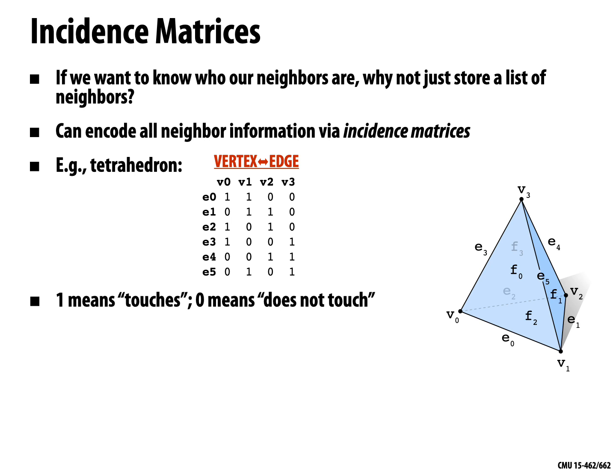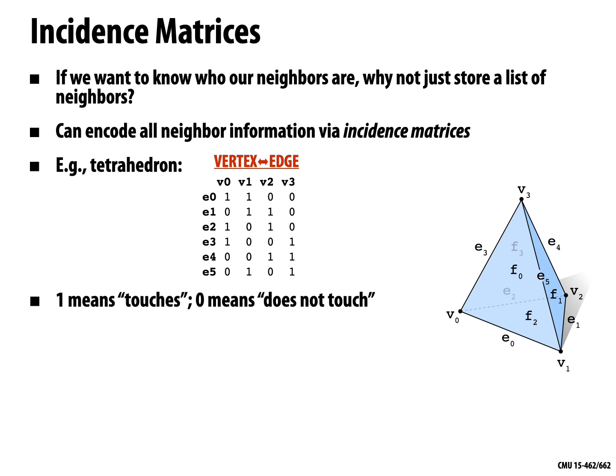So let's pick, I don't know, the second column, V1. I see that I have 1s for E0, E1, and E5, and 0s for E2, E3, E4. And indeed, if I look at vertex V1 in the picture, I see that it's touching edges E0, E1, and E5, right? But not edges E2, E3, and E4. Okay, great.